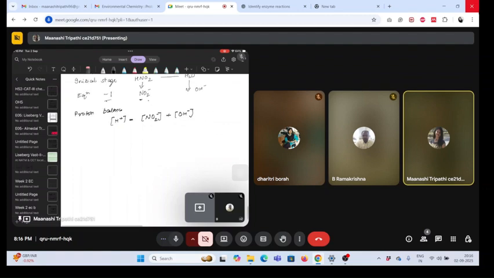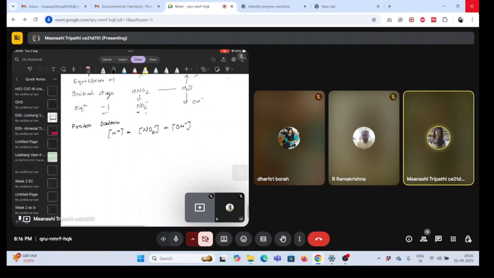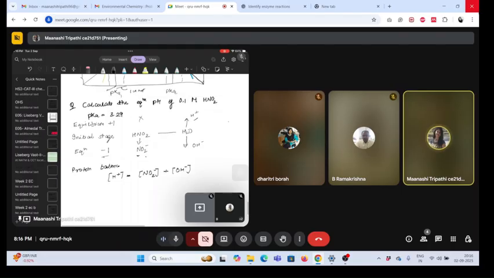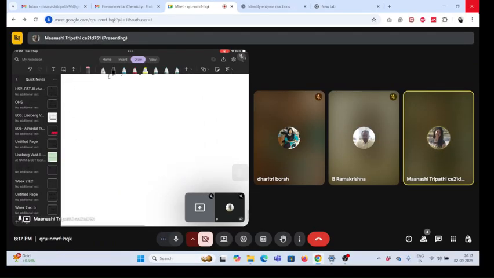Okay, this is what you got. Now, as I told you, since this is 0.1 molar, what does this mean? 10 raised to the power minus 1 molar. So what will be the CT value? CT will be minus 1. This you remember, right?